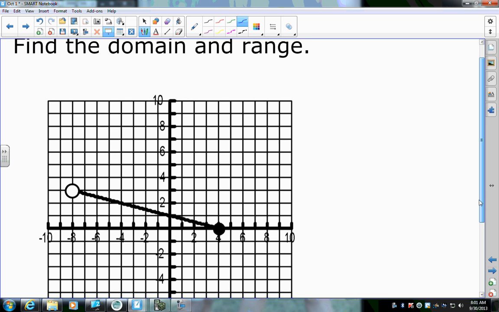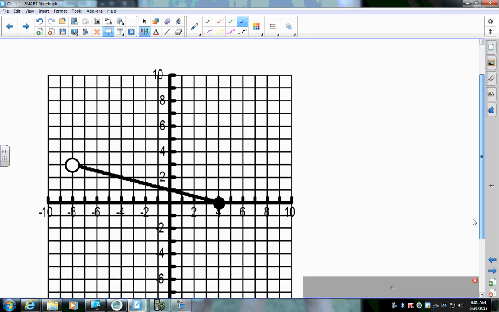Now this one says find the domain and range as we look at this problem. So first off, domain is my x. So my domain, my x number, let's try and figure that out. If you want to, box in your information.